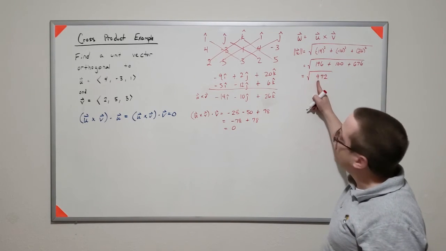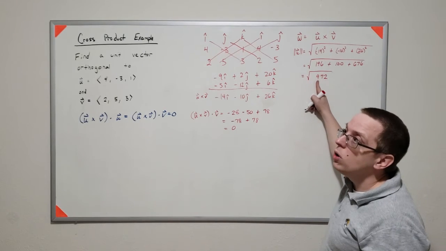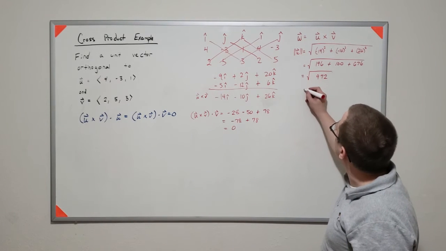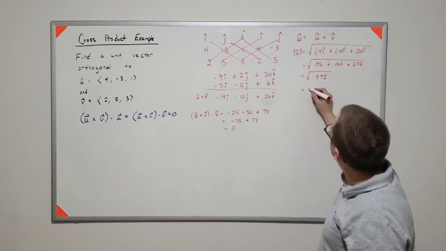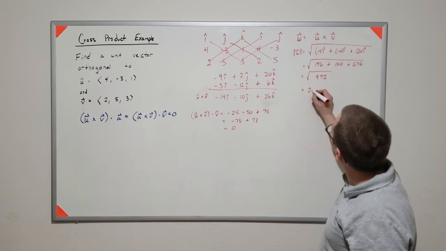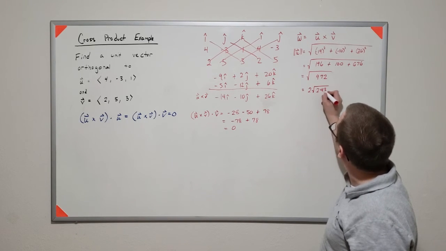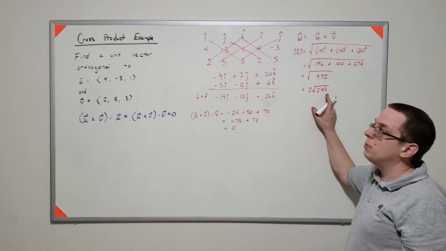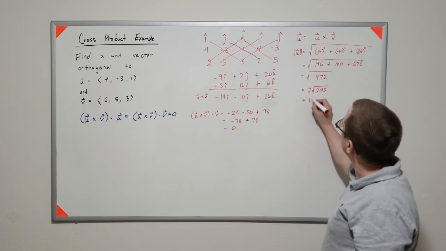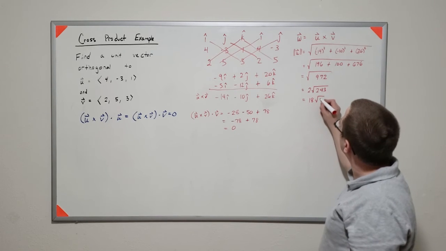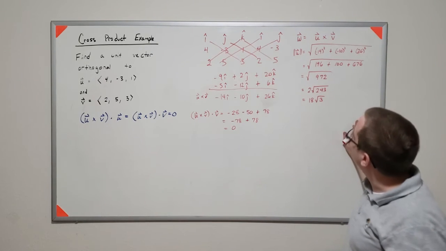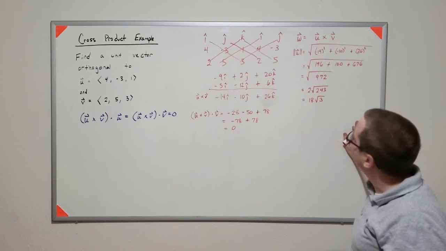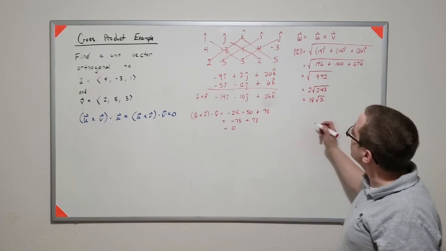So let's see, 2, 4, 3, which is the square root of 2 times 243, which I know that is 81 times 3. So that's 18 square root of 3. That actually came out kind of nice.